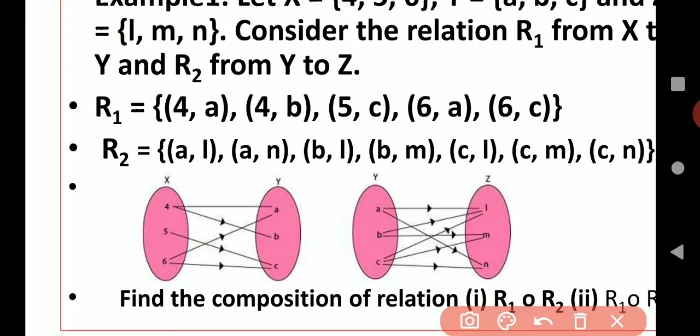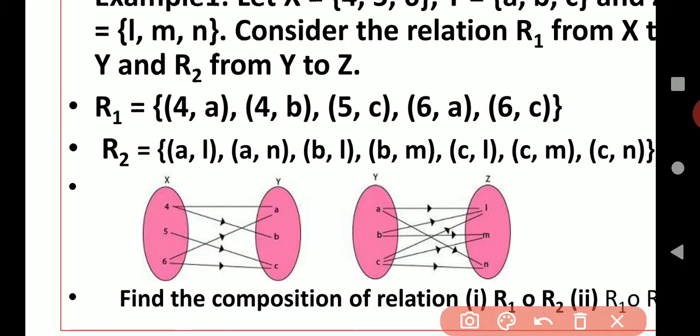So the relations we have defined are already given. This is the relation R1 and this is the relation R2. R1 is a relation from X to Y and R2 is a relation from Y to Z. In relation R1, we have 4a, 4b, 5c, 6a and 6c.